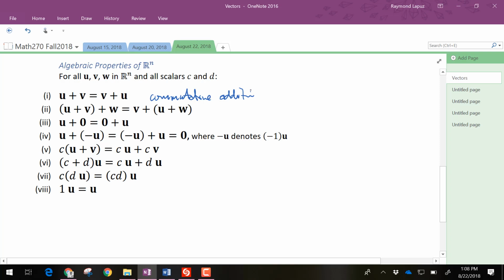The addition is also associative. Now, when we add a zero vector to something, the result is equal to u.